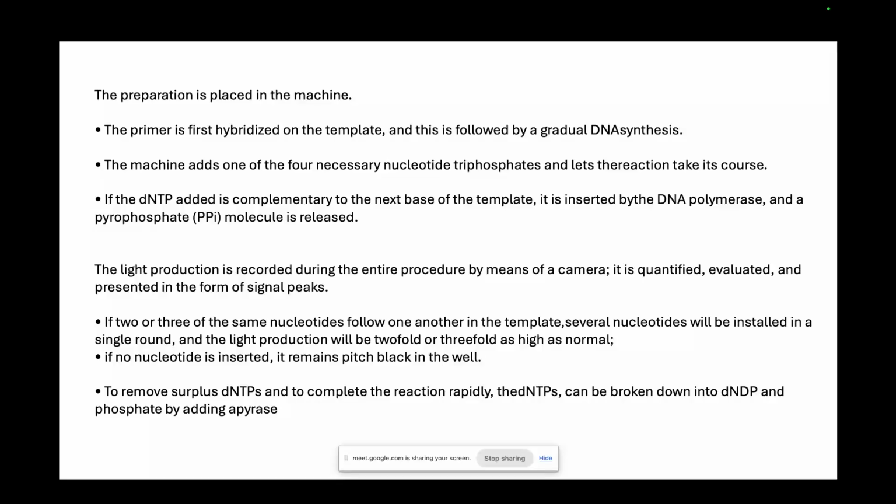The pyrophosphate will generate ATP. The ATP will react with the luciferase enzyme to produce light from luciferin.